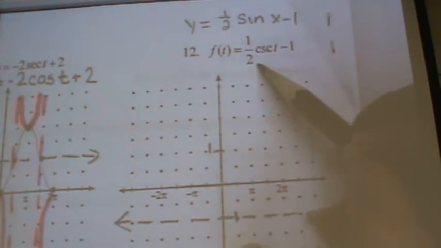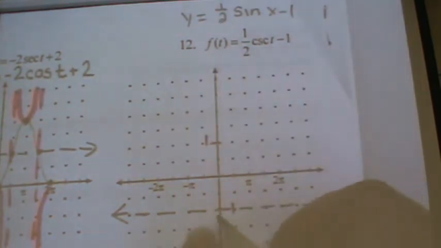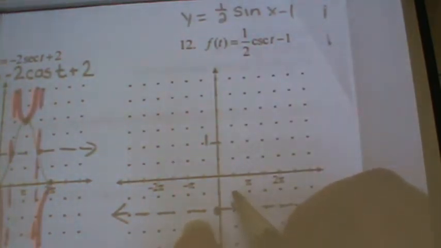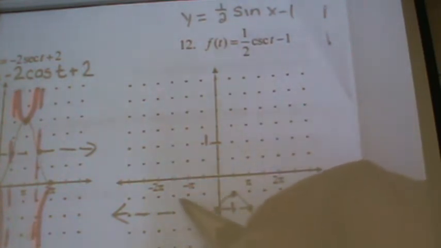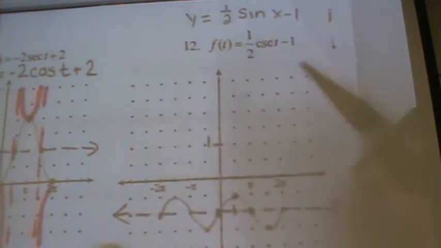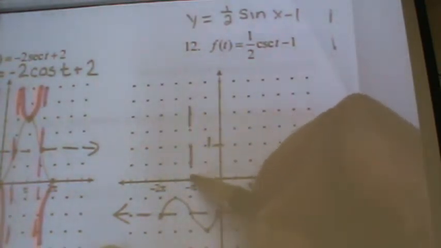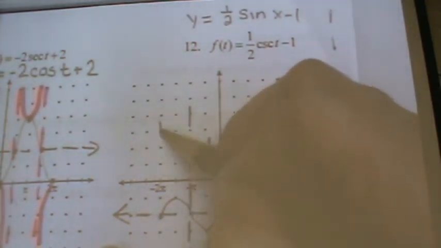What's my amplitude? A half. So it's gonna start here, these are halves now. Up, down, like that. Does that make sense? Just so it's not so squished in there. And that's okay, as long as you label what everything is.